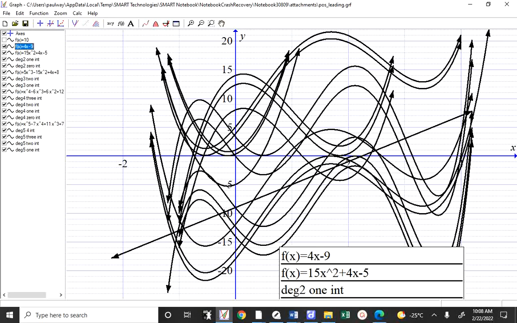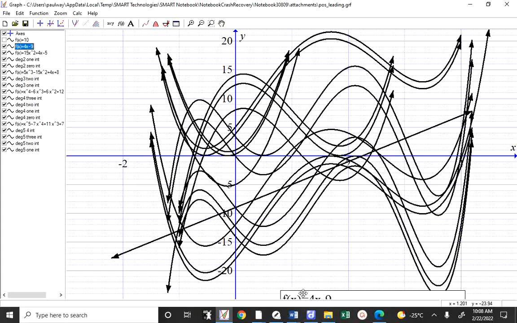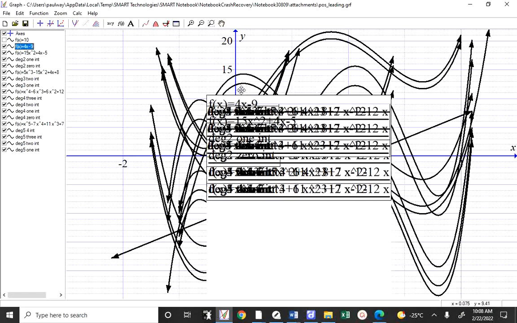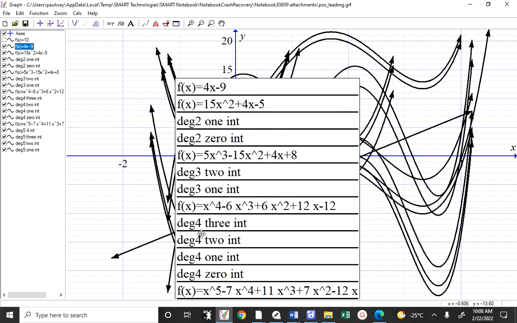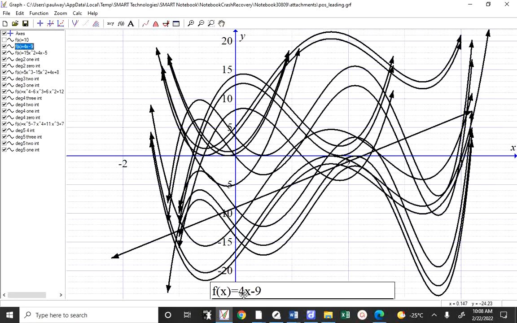Whew. Wow. There are all of the polynomial functions. And it's a mess, right? What do they all have in common? What do all of those graphs have in common?